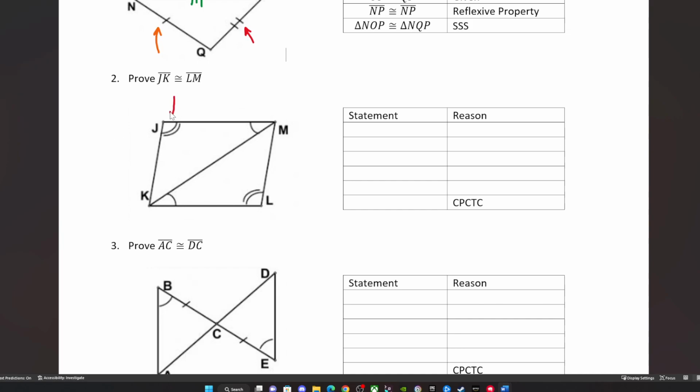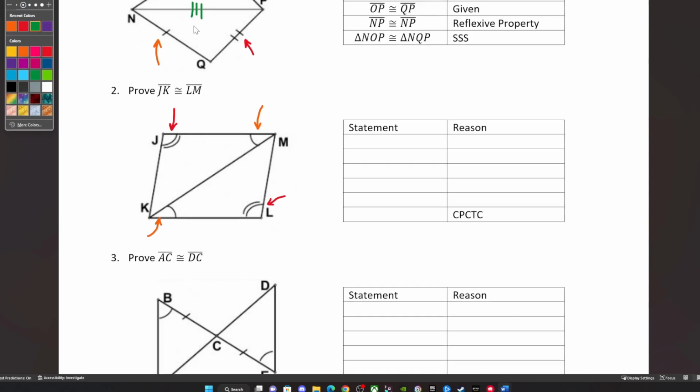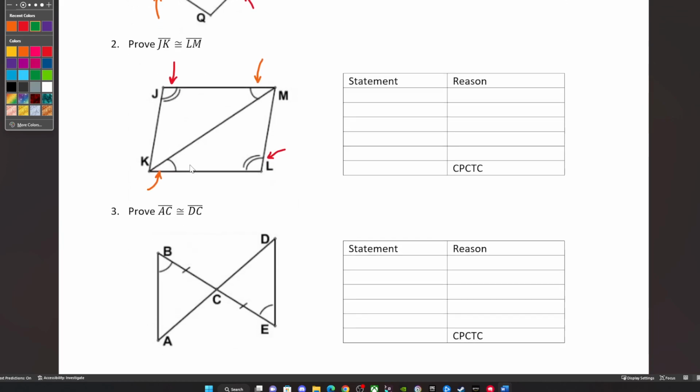First of all, I know that this angle right here is congruent to this angle right here. That's a given statement because I see the markings. I know that this angle is congruent to this angle. That's another given statement because I can see the markings. And finally, similar to the last one, both of these triangles are sharing a side, so this side is congruent to itself.